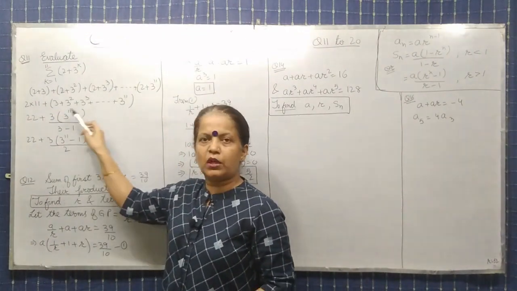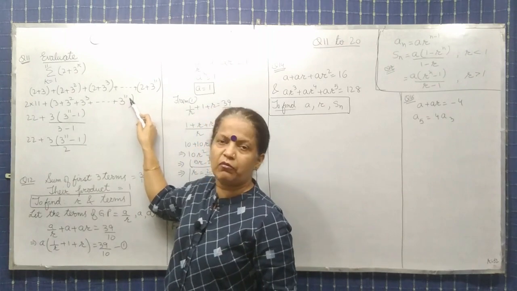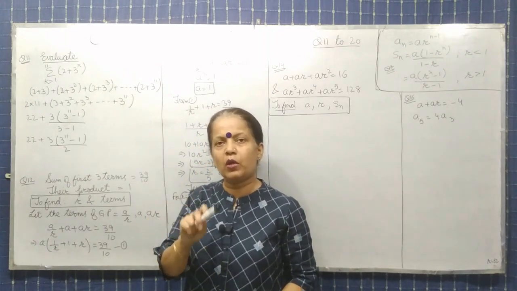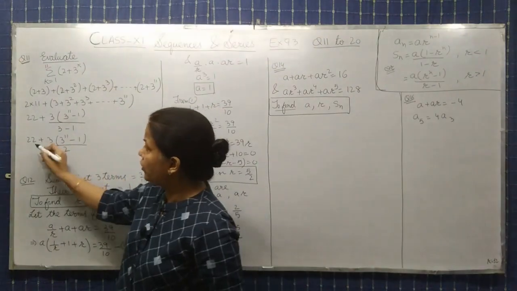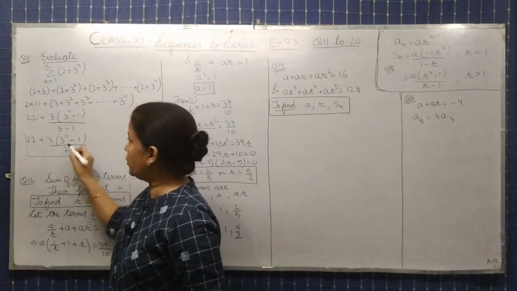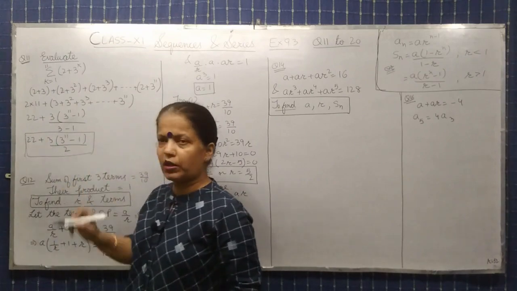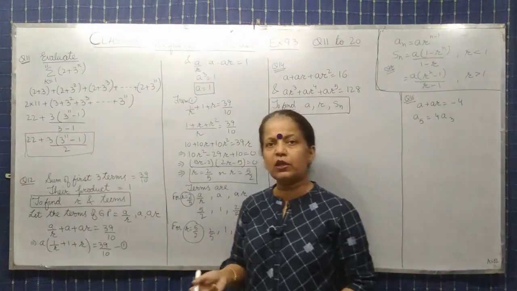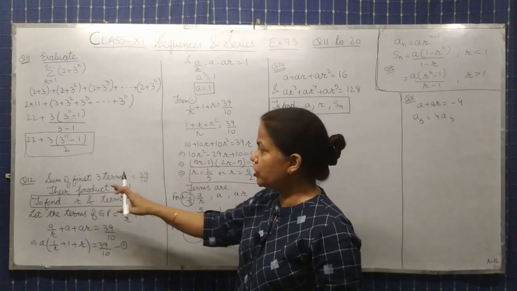Here you will use the sum formula, and n you will take as 11 because the terms are from 1 to 11. Don't solve it further, it will take so much time otherwise. Since the power is high at the higher end, you will not solve it. Is it clear?